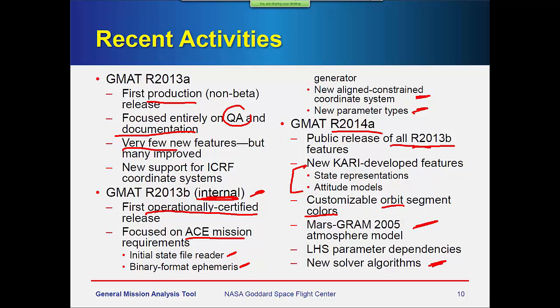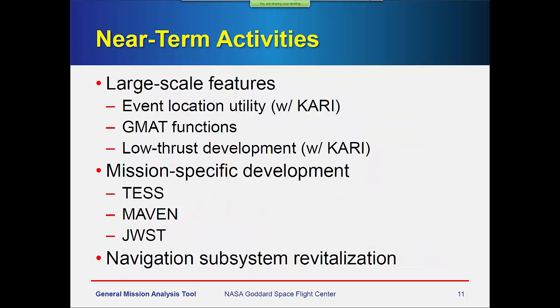These are really wrapping up some development that's been internal, making it public, and then doing a little bit of mission-specific work for Maven, for TESS, specific missions. So that's what we've done so far, and that's where we are now.